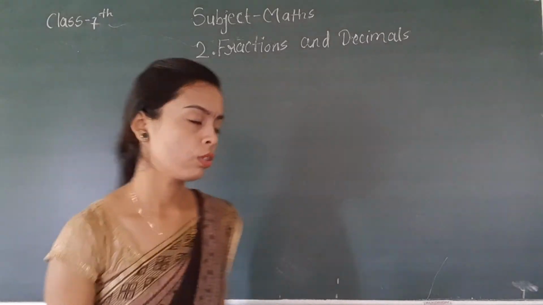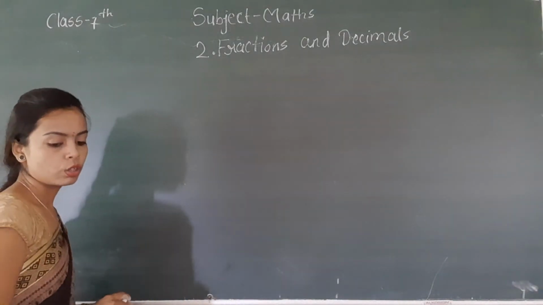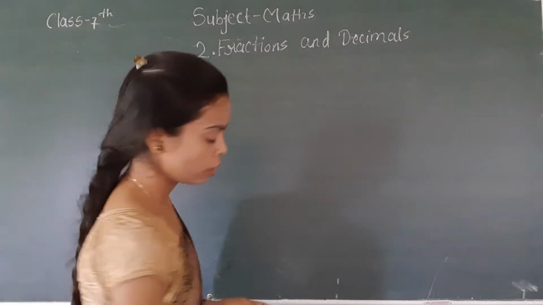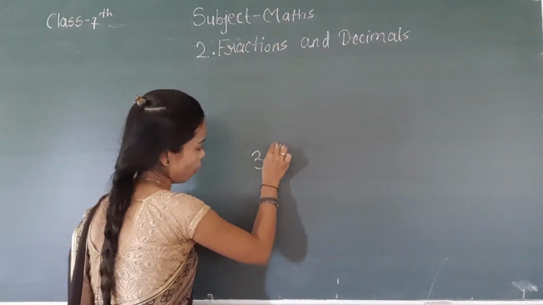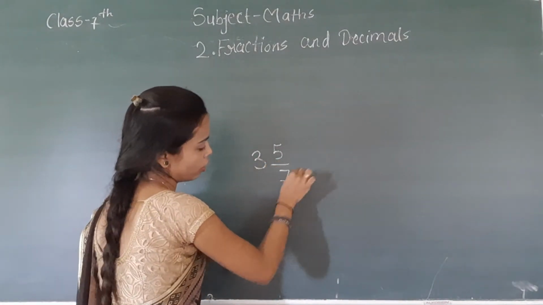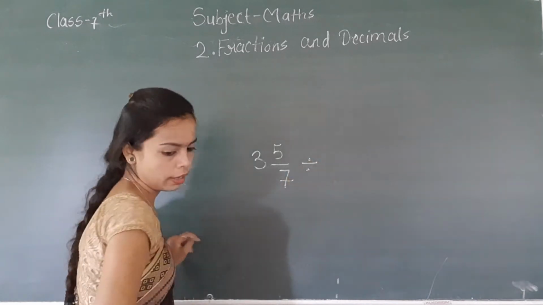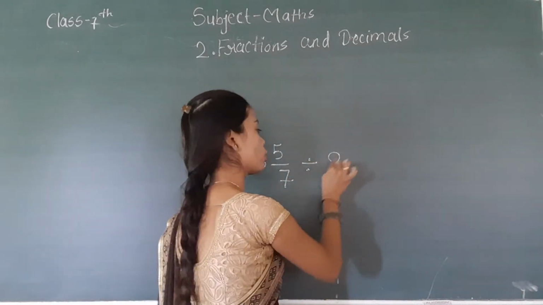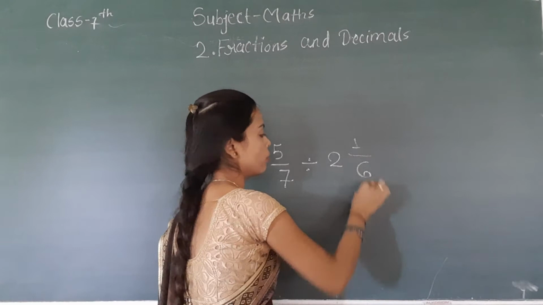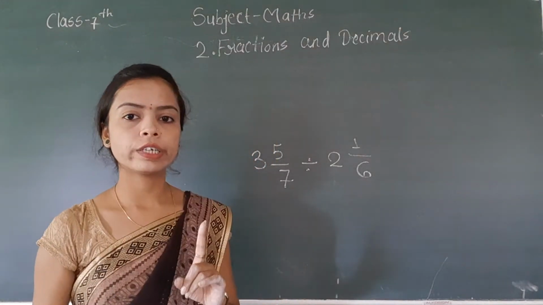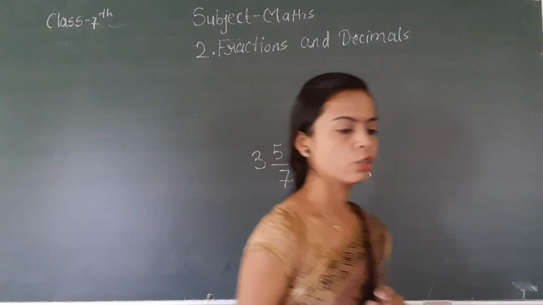Okay, try to find out the answer within a minute. Okay, so try. I will give you the question. Your question is 3 5 by 7 divided by 2 1 by 6. Okay, I will give you 1 minute to solve it as soon as possible. Okay, so solve it.